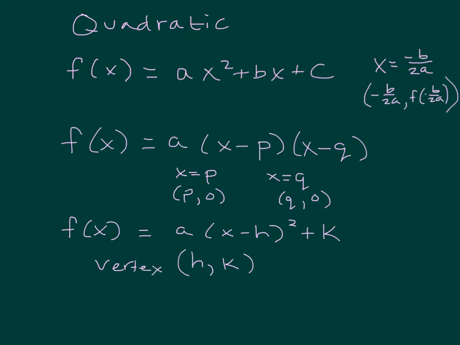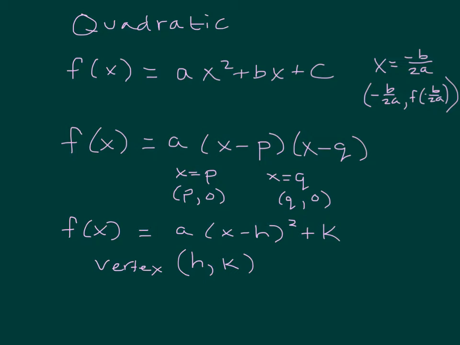Okay, so here's our vertex, h comma k. Don't forget, since the vertex form has this minus in here, if it says x minus 3, then the x value of our vertex is positive 3. If it says x plus 3, the x value of our vertex is negative 3. Okay, k, though, keeps its sign. So if it says plus 5, the y value of the vertex is 5.